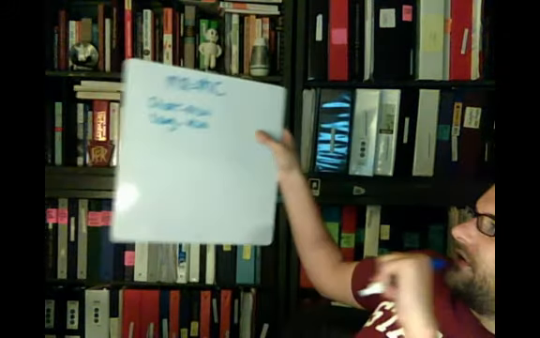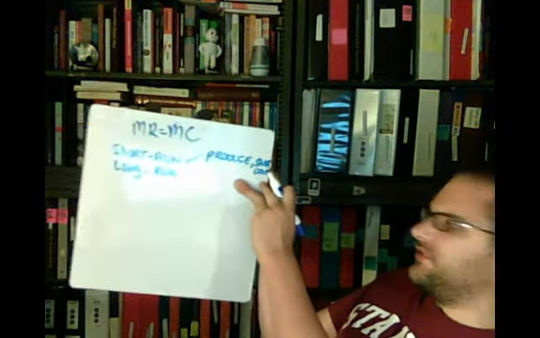What we're going to have to do is look at this over two time frames, the long run and the short run. And for the short run, the question is, do we produce or do we shut down?